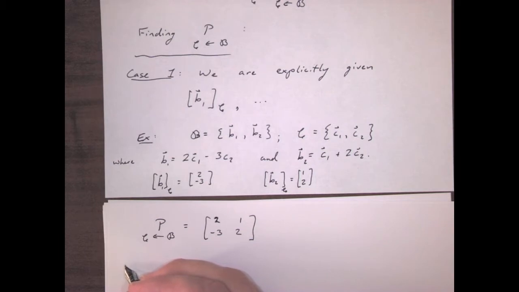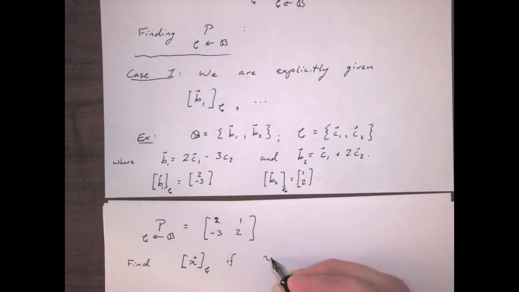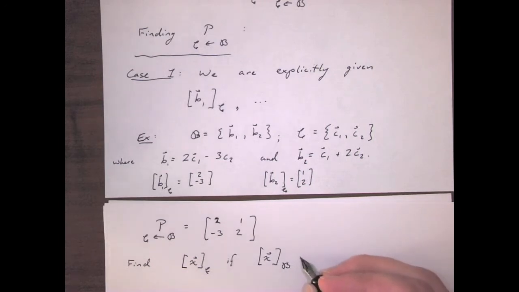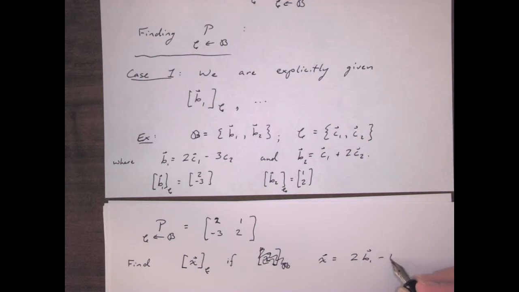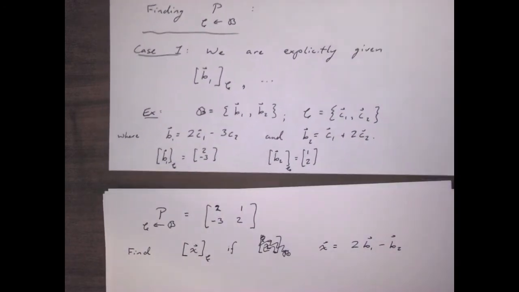Then what if we wanted to find the representation with respect to C of vector x if x equals 2b1 minus b2. So we can even write it in this sort of recipe, rather than giving it explicitly as a representation.